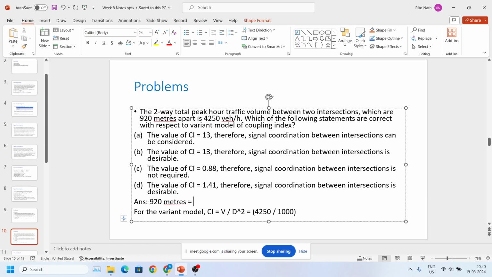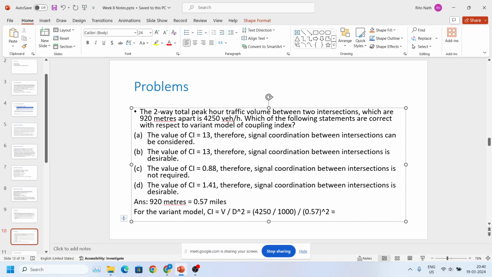It's around 0.57. Now you just divide by 0.57 square.